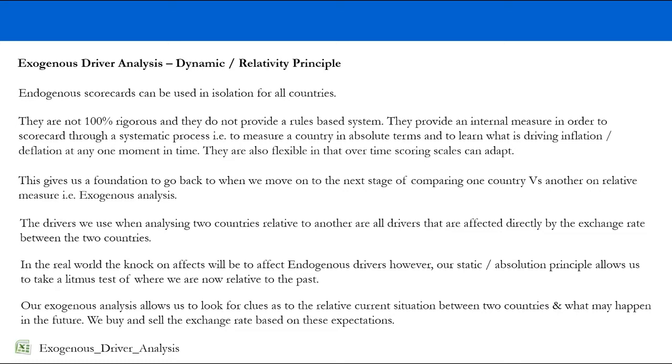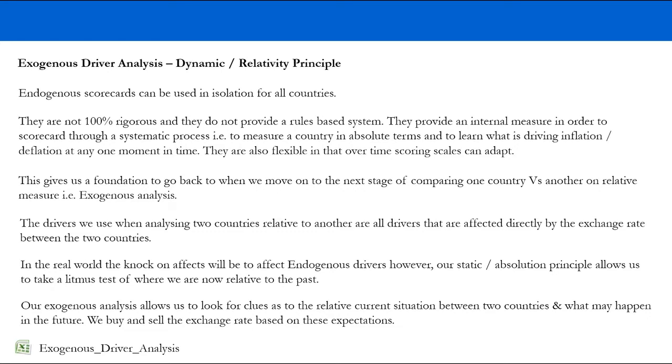Now endogenous scorecards can be used in isolation for all countries. And what we have to be careful of is that they're obviously not 100% rigorous, and they obviously don't provide a full bulletproof rules-based system.